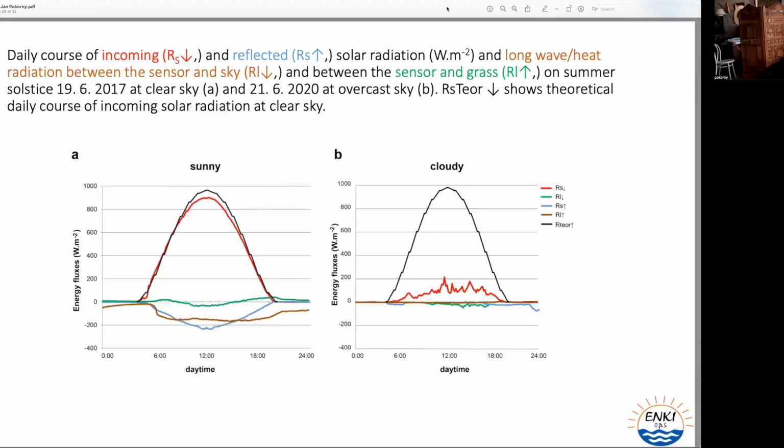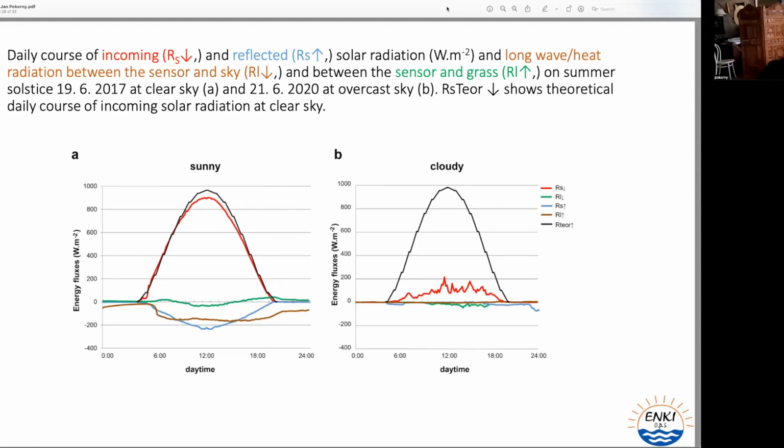Now, we have two situations in longest day, which means 20 June. One was a sunny day, which was year 2017. The other one is also about 20 June, but a cloudy day.